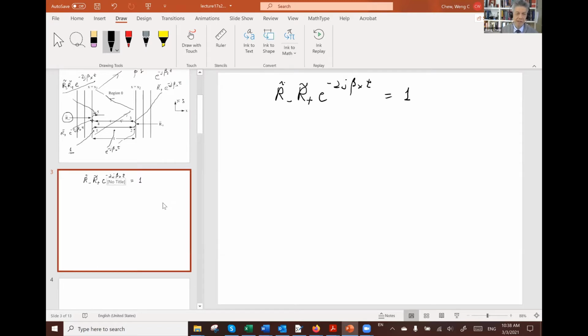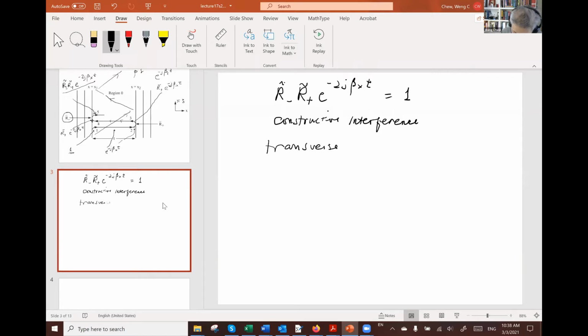And this has to be satisfied in order for constructive interference. So we want to look for constructive interference within the waveguide, and this condition is for that to occur. This condition is also called the transverse resonance condition.